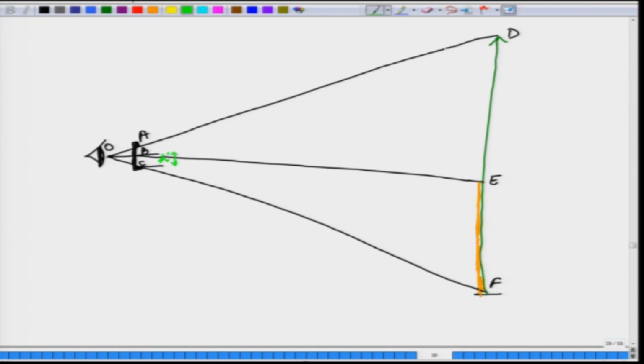The length of the hypsometer, which is this much, let us represent it as capital H prime.